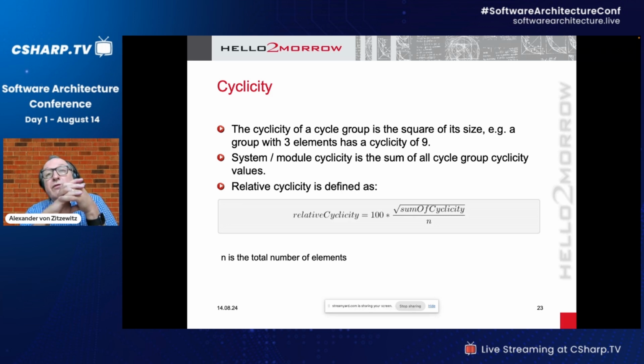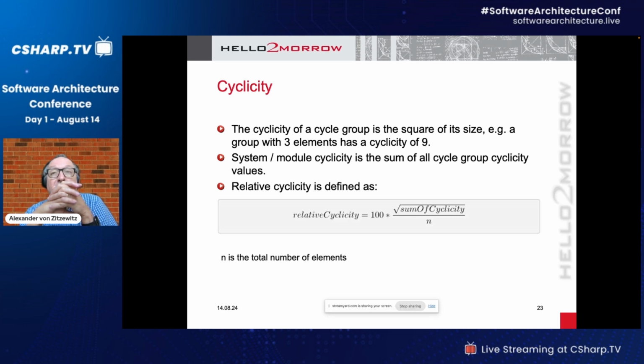Now let's assume we have the same system, but instead of having one big cycle, we have 50 small cycles of 2 elements. Now if we do that exercise again, the small cycles have a cyclicity of 4, 2 times 2, times 50 is 200. The square root of 200 would be 14. So in that case, our relative cyclicity would only be 14%.